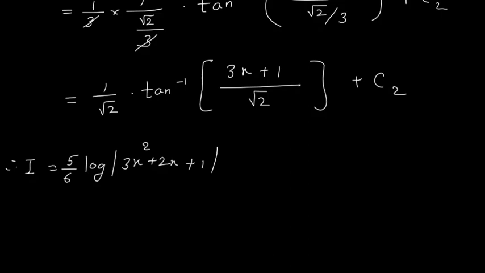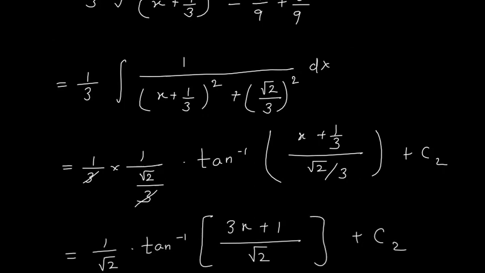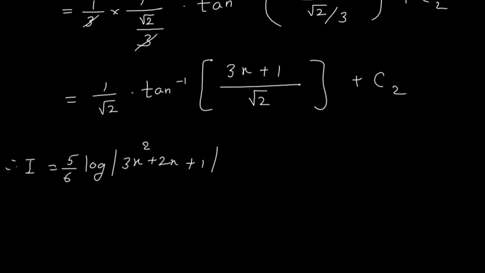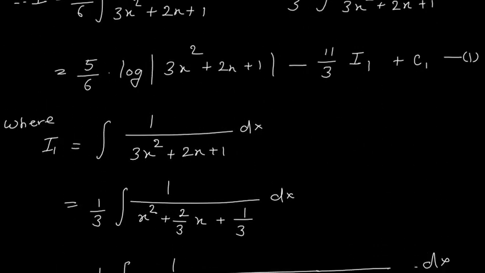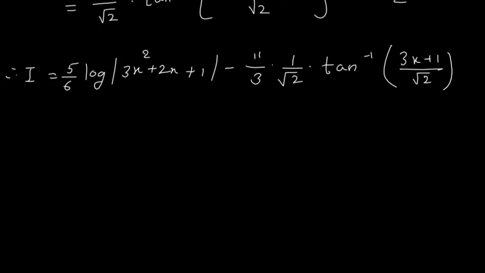Then we have minus 11 upon 3 times I1. Sorry, minus 11 upon 3. This is 11 upon 3 into 1 upon root 2 into tan inverse of (3x plus 1) upon root 2, and those two constants will add up and I will get a final constant as c.